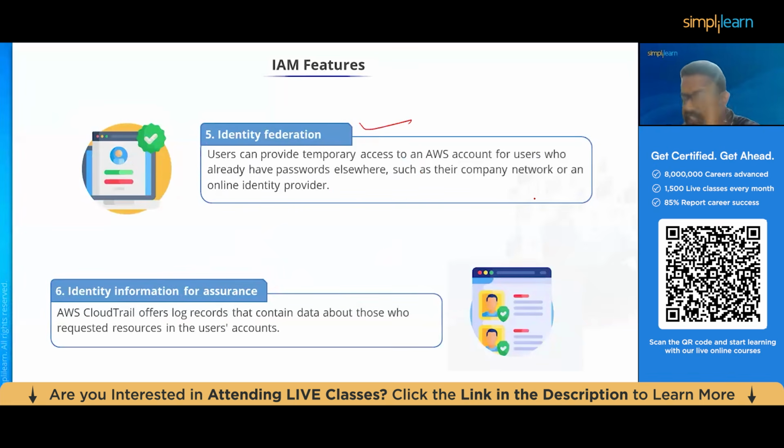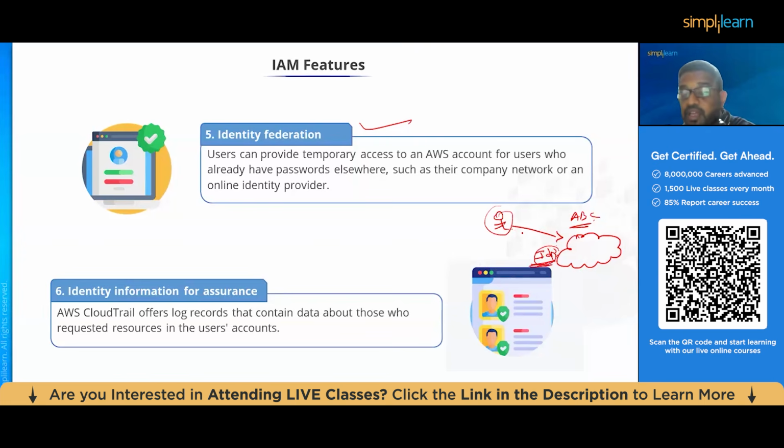Now, folks, let us consider I have an organization called ABC. And this cloud belongs to the ABC organization. Now, some external person who is outside the organization wants to access the AWS resources, right? At that time, there is a service called IDP, identity provider. The identity provider is going to authenticate this external user.